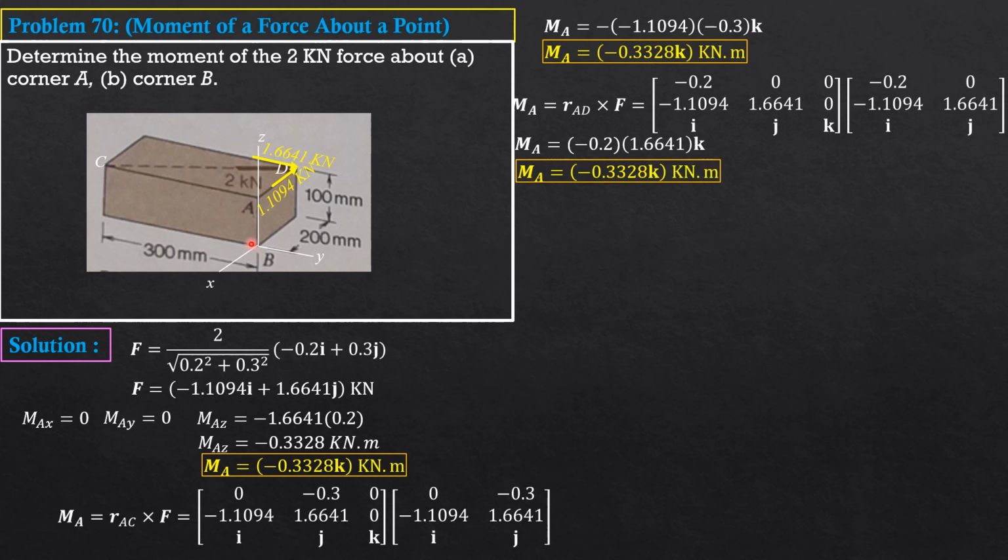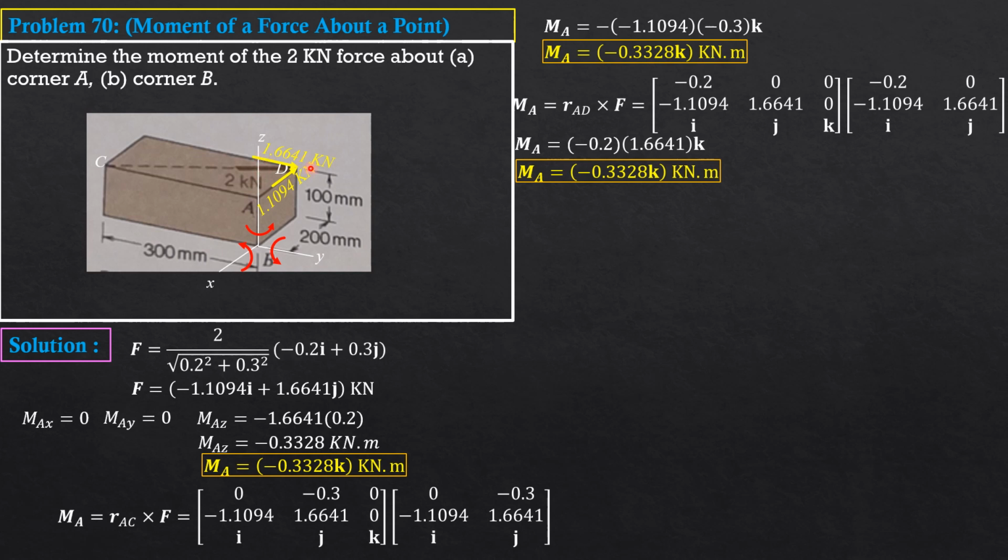Then about B, by the scalar approach first, using the right thumb rule, this is the positive moment about BX direction as our guide, about Y that direction, and about Z in that direction. So moment about X, this is parallel, no moment.